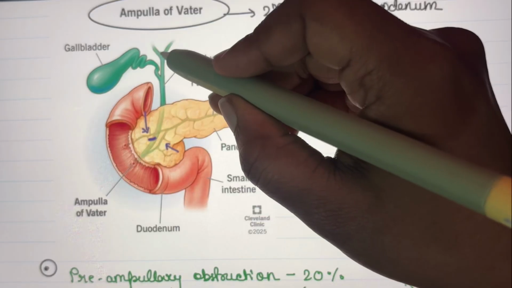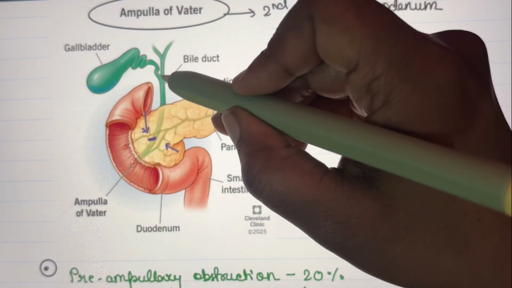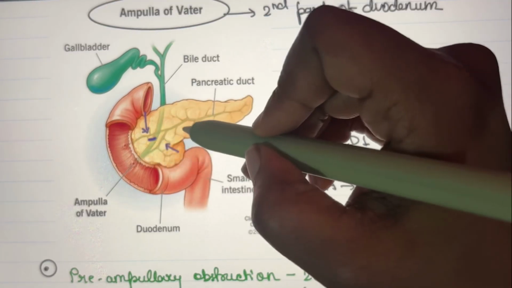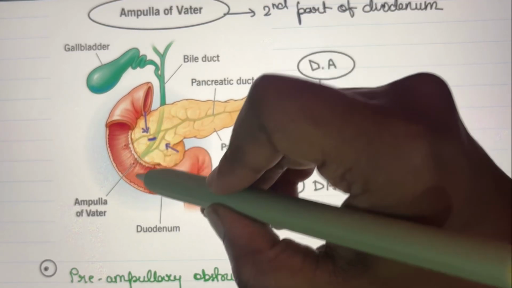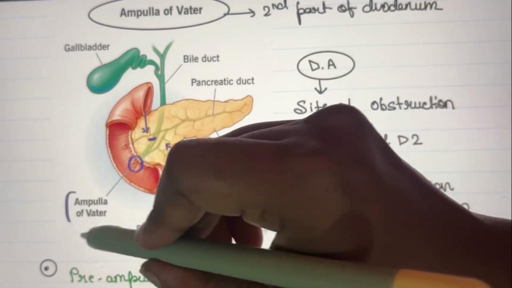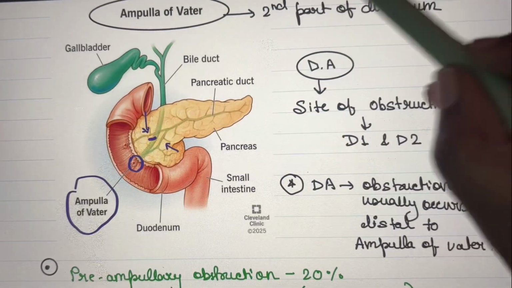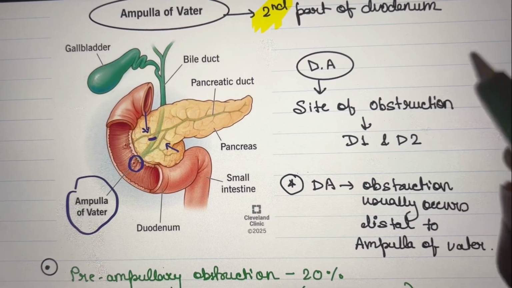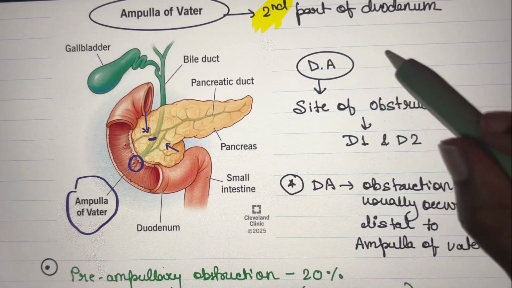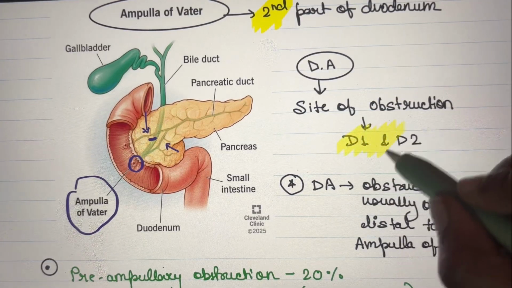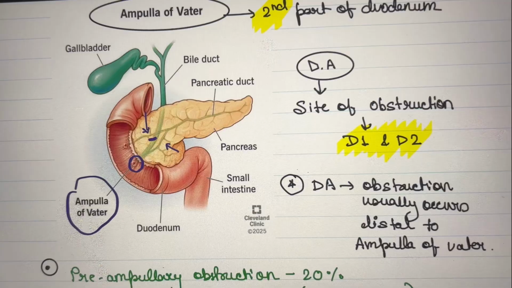This is the right hepatic duct, left hepatic duct, common hepatic duct, cystic duct, common bile duct, and the pancreatic duct opens into the ampulla of Vater, and this ampulla of Vater is present in the second part of the duodenum. Remember this. In duodenal atresia, DA meaning duodenal atresia, the site of obstruction is generally D1 or D2, most commonly D2.